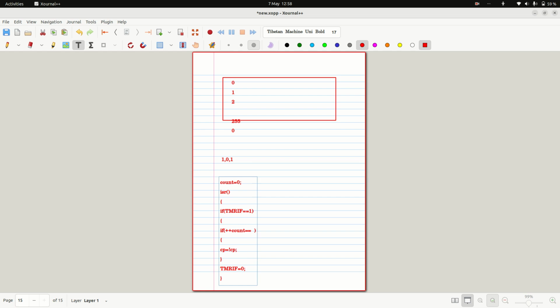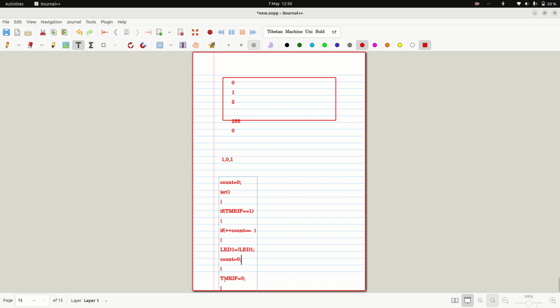What will happen when this condition is true? LED toggling. LED 1 is equals to naught of LED 1, means LED toggling. After that count equals to 0.